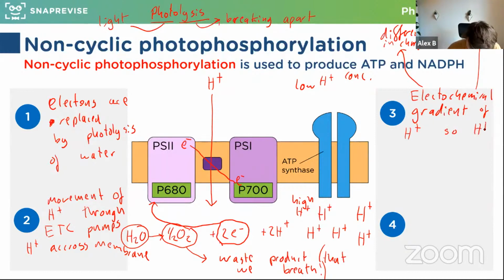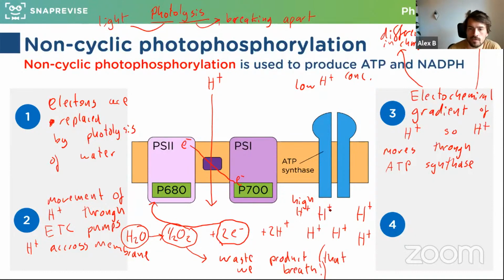So H plus moves through ATP synthase. The H plus is an ion. Hopefully you remember from AS, ions are charged.